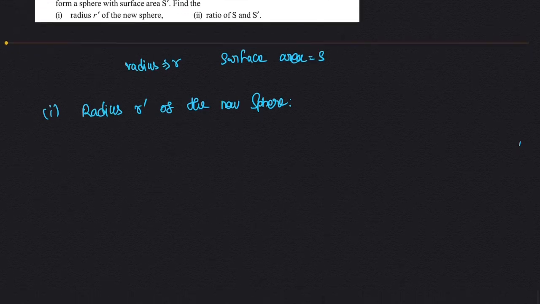So normally the formula is 4 by 3 pi r cube. Then comparing, the volume of 27 spheres of radius r is equal to 1 sphere of radius r dash.